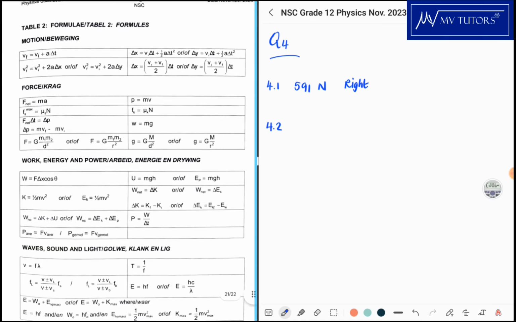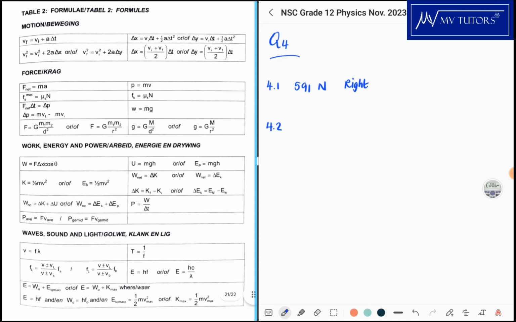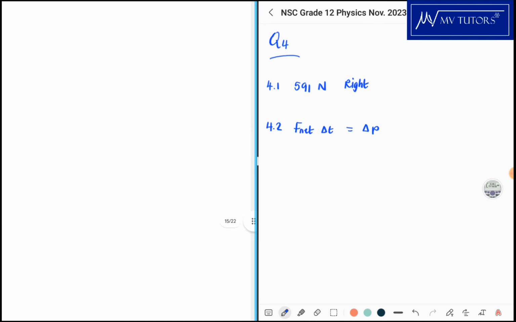We can look at momentum before equals momentum after, but also we have net force times delta t is equal to delta p, where delta p is the final momentum minus the initial momentum. So let's just go back to the question.